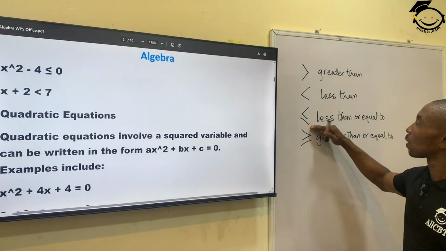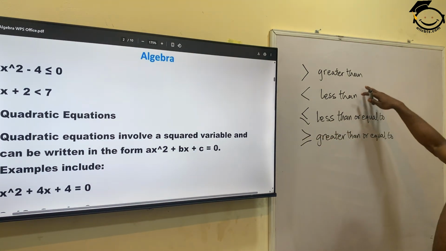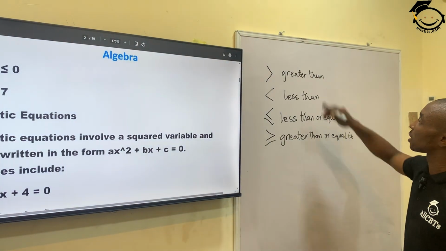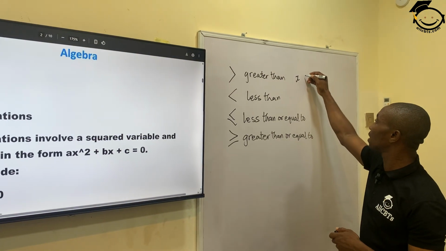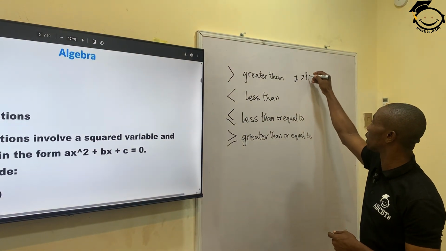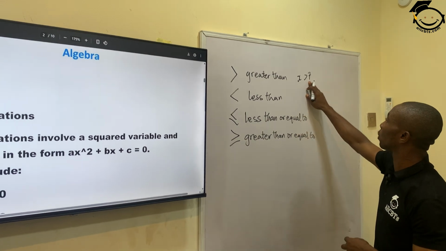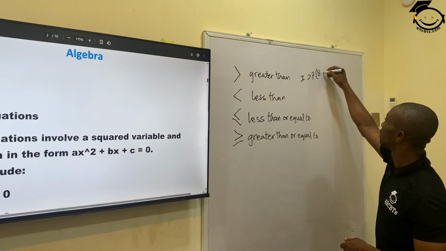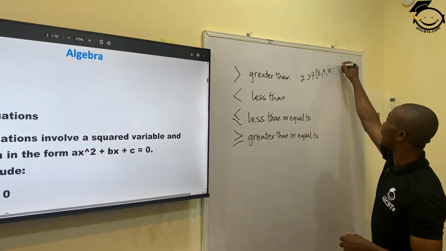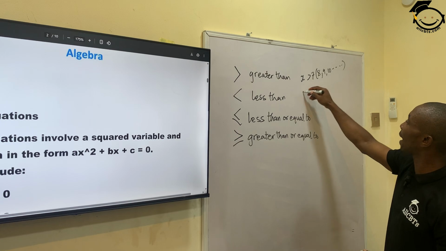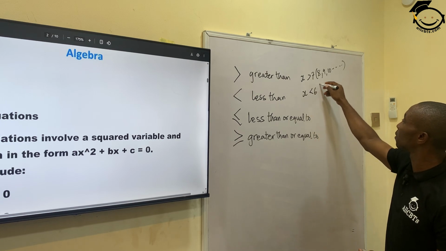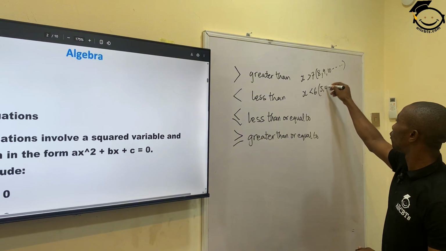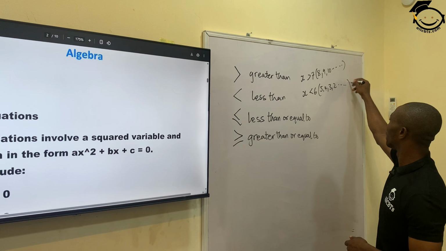Now let me quickly state the difference between these. Greater than simply means that the value of x is higher than the stated number. Let's say x is greater than 7. It means x ranges from 8, 9, 10, and above. When we say x is less than 6, it means x ranges from 5, 4, 3, 2 downwards.